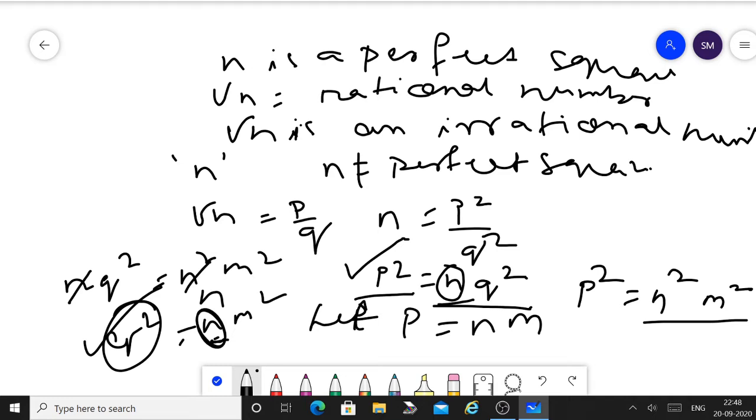Here we get n is a factor of p, and n is a factor of q.